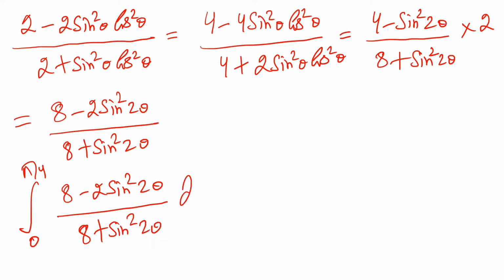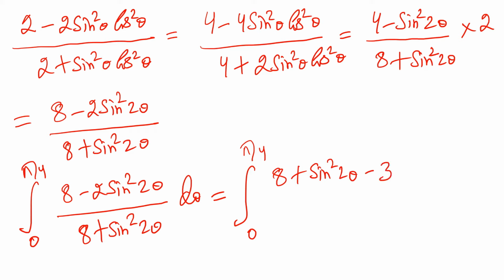Now to solve this integral, what I am going to do is create the term in the denominator again in the numerator. That means I will be adding sin square 2 theta and subtracting sin square 2 theta in the numerator. So it becomes integral 0 to pi by 4, 8 plus sin square 2 theta minus 3 sin square 2 theta divided upon 8 plus sin square 2 theta d theta.